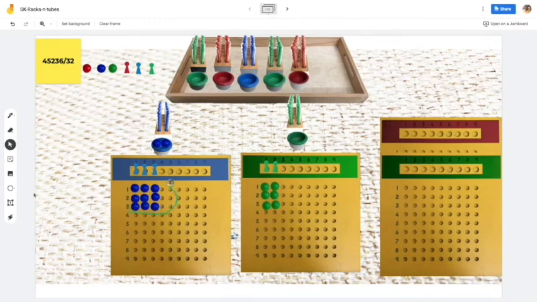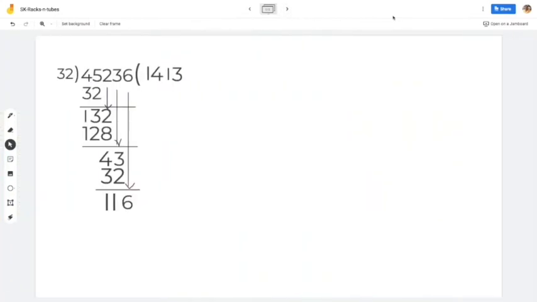It is 3 tens taken 3 times, that is 9 tens and 6 units. So it is 96. We need to write that in the recording frame, under 116, that is 96 has to be written under 116.